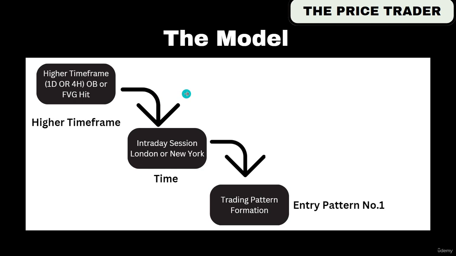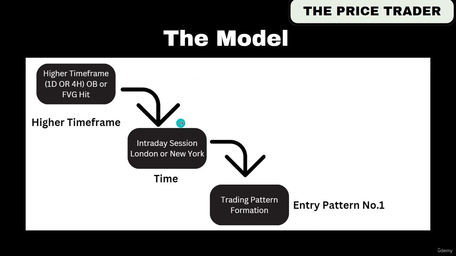Before you even identify that order block or fair value gap, you already know how to define your daily and weekly bias. We'll be touching on that towards the end of this lesson. But this model begins once you understand the bias, and then you focus on that order block or fair value gap that has been hit.